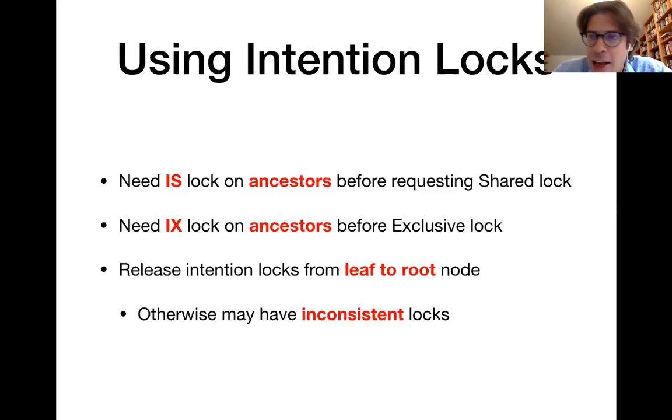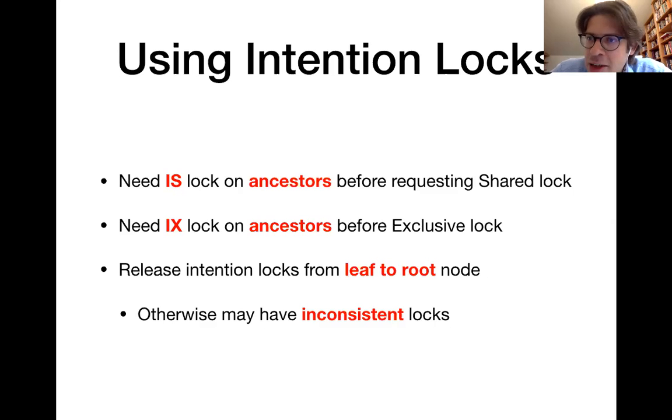Similarly, for intention exclusive locks, if you want to acquire an exclusive lock on a row, for instance, you first need to acquire intention exclusive locks on the containing page, table, and so on. So you need to acquire those intention locks before you can acquire the locks that you actually want.